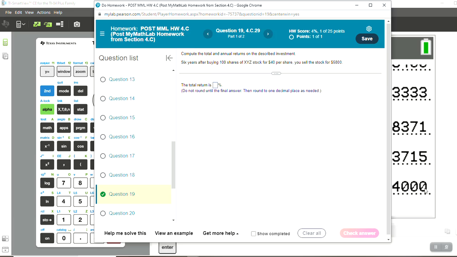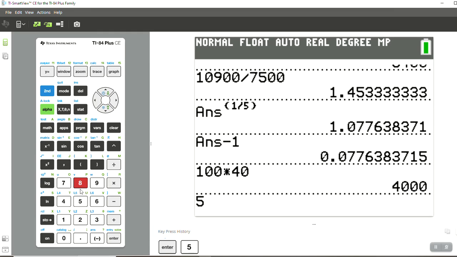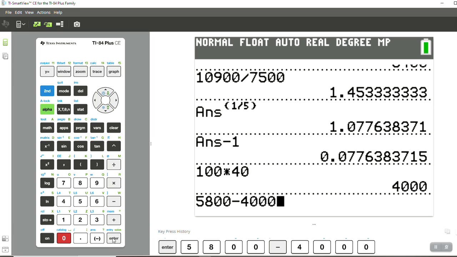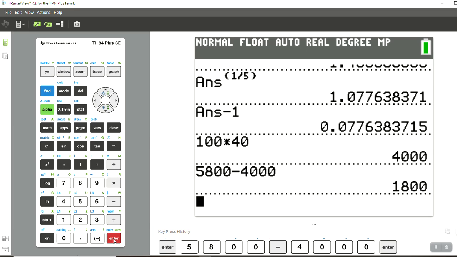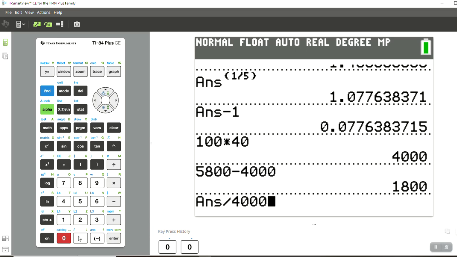So if we go back and take the difference between 5,800 and 4,000, that finds the numerator in the fraction that you need to find the percentage that the stock was worth.